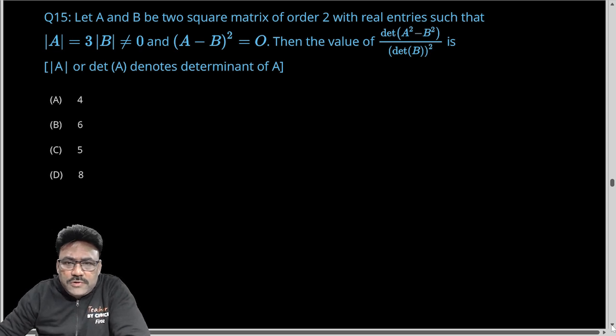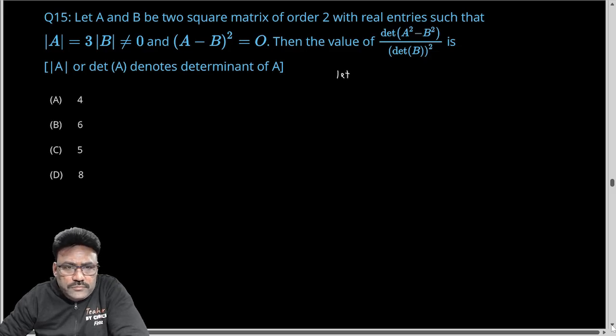So let's substitute. Let's suppose determinant of B is D. Then determinant of A will be 3D.